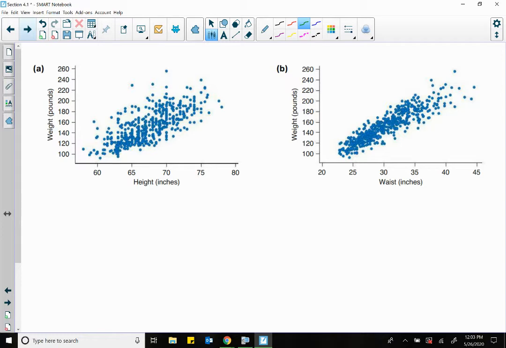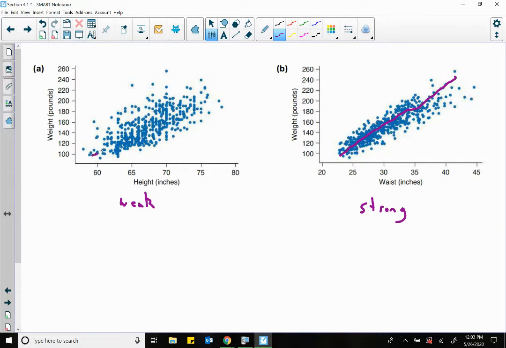Who do you think's who? That's right. This is the strong. This is the weak. Because when you look at this, you see how your dots are tightly compact together. And that's a horrible vertical line. But you see how the dots are pretty close to this line that I drew on there.